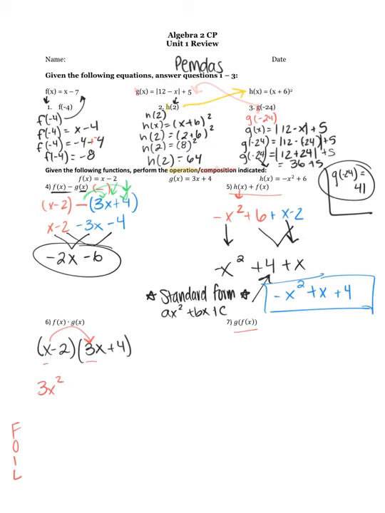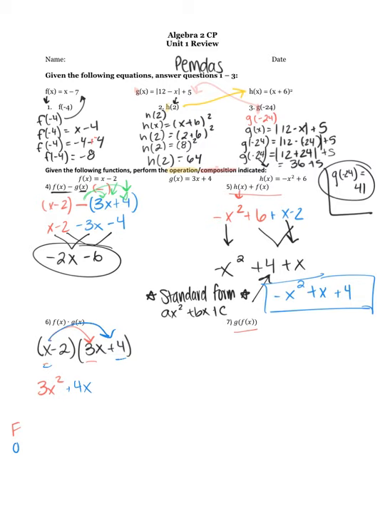So I will do that in a different color, okay? And I will actually change this O to blue. So it can stay. I will go one by one, okay? So if we did the first, now we're going to do the outer. So the x and the 4 are my outer terms, okay? They're the outer sides of the parentheses. Now x times 4 is plus 4x, okay?